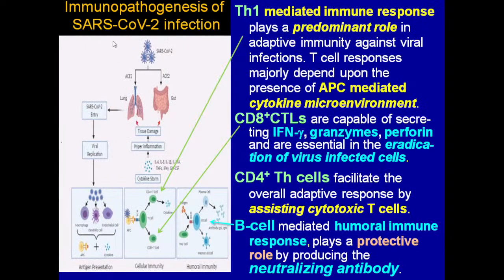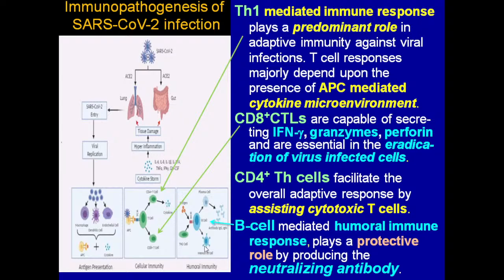So, what kind of immune responses are critical? Th1 mediated immune response plays a predominant role in the adaptive immunity against viral infection, that you know already, Th1, right? And it depends mainly on the antigen presenting cell mediated cytokine environment. CD8 positive lymphocytes are capable of secreting gamma interferon, granzymes, perforins, and also they are essential in eradication of the virus infected cells.